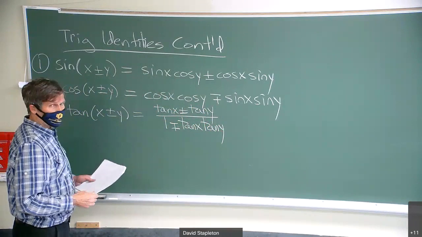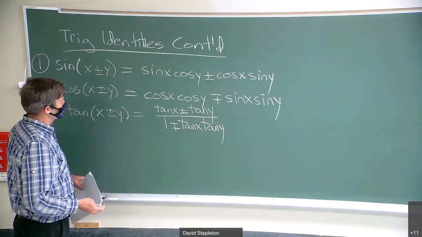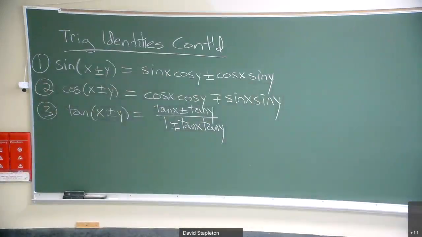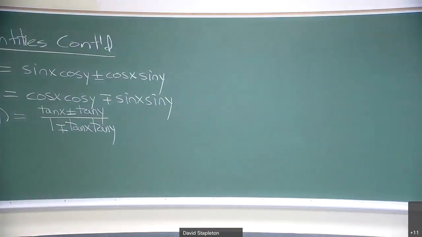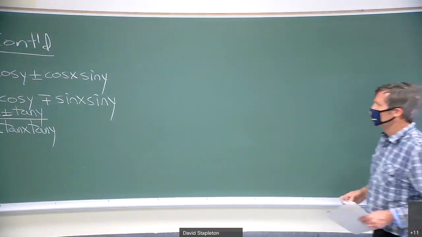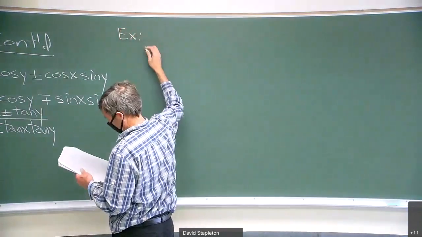All right, now there were a couple of problems we didn't get to with these last time. I wanted a nice review of these, so let's try a new problem. Here's an example of these that we didn't try before.